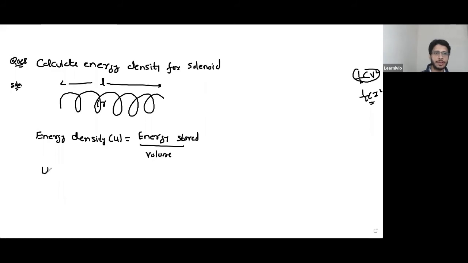Energy stored is half Li square divided by volume of solenoid. Volume I can write as pi r square into L.